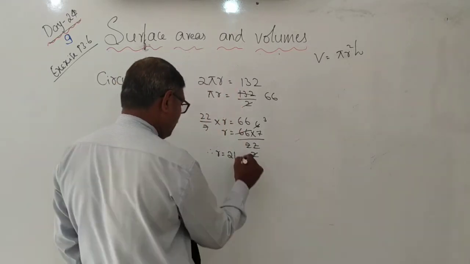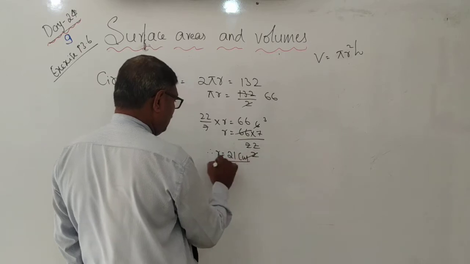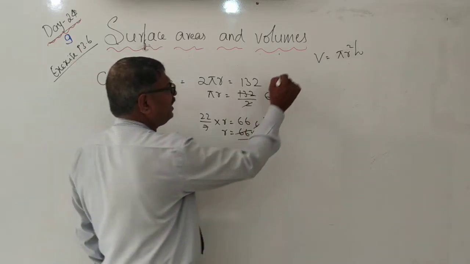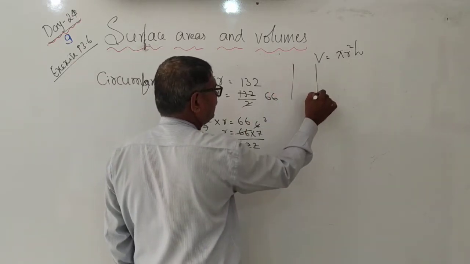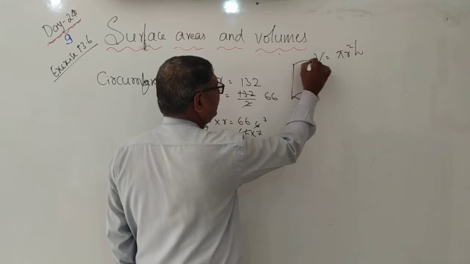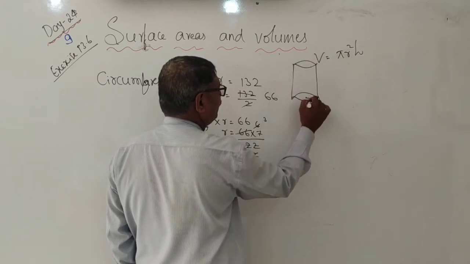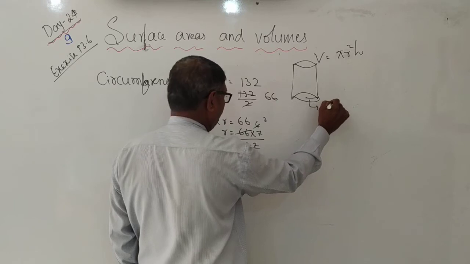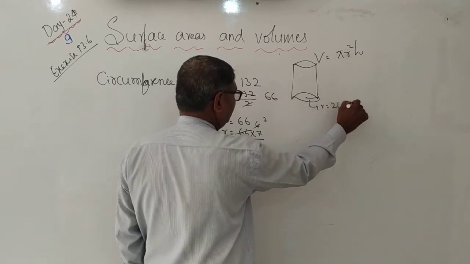Centimeter. So the cylinder is like this, and we got the base radius as 21 centimeters.